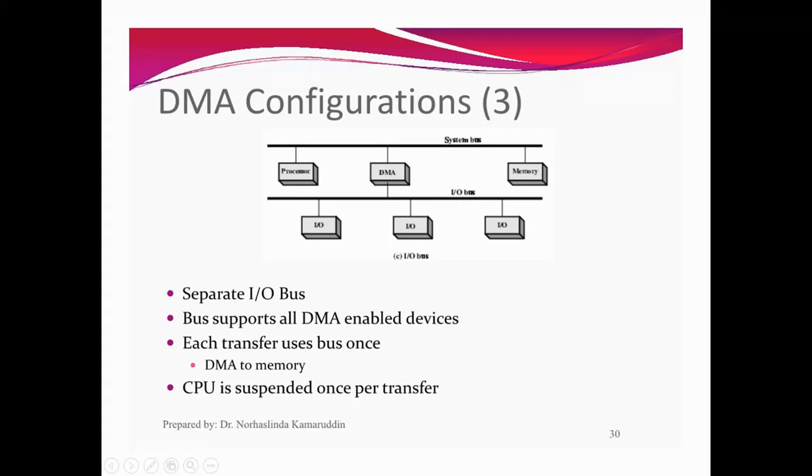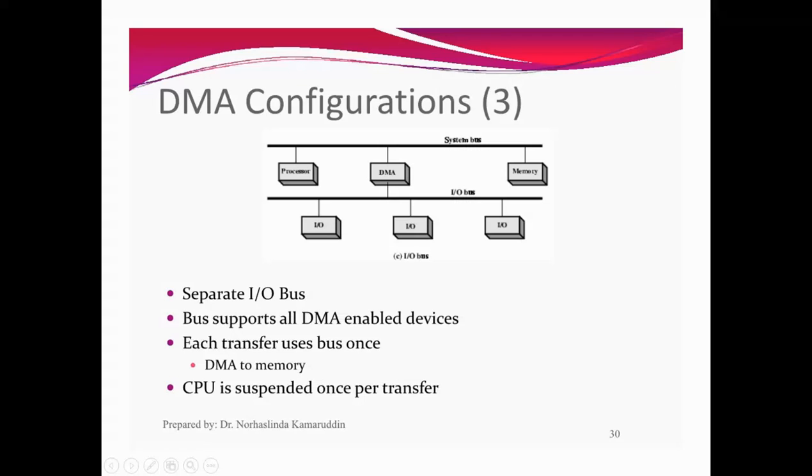Okay, untuk DMA configuration, the next one. Yang ini dia separate input output bus. Ini lain. Okay, so yang ini the way they configure ialah the DMA will share the system bus, tetapi DMA ni dia akan have their own separate input output bus. Yang ini mahal lah biasanya.